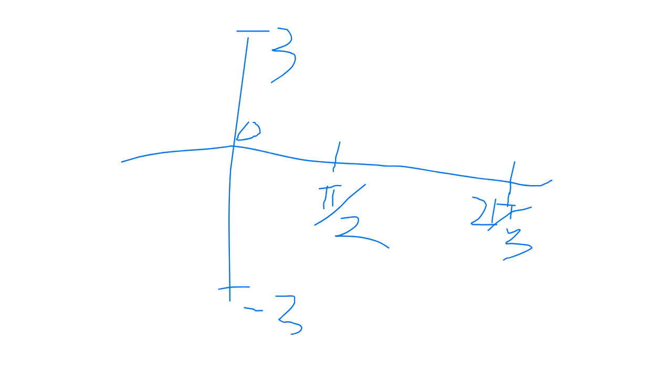When it was 0, I have 0. When it was 0, it was how much? 3. Ne? 0 was 0 on the table. y equals 3 sine 3x.